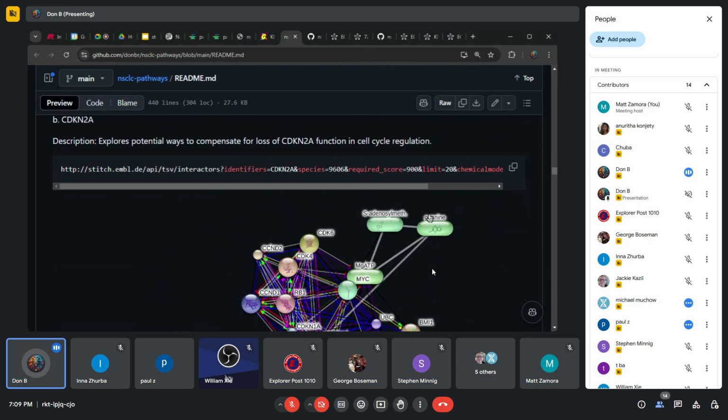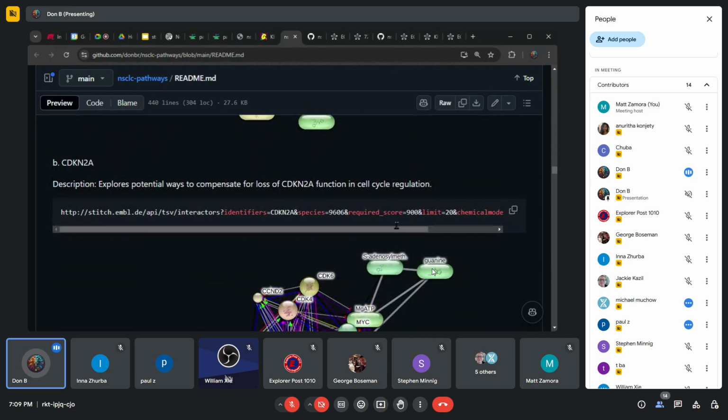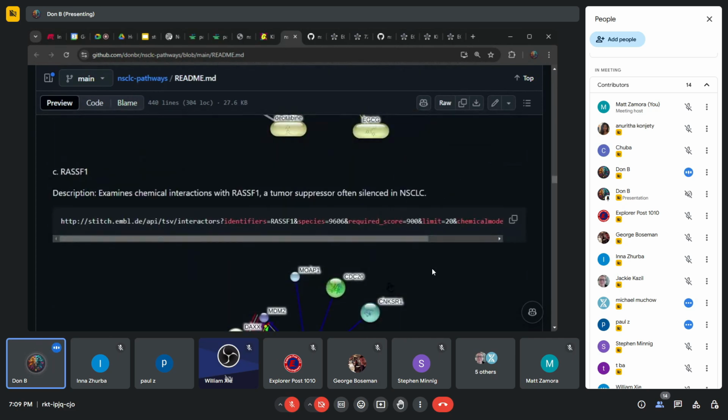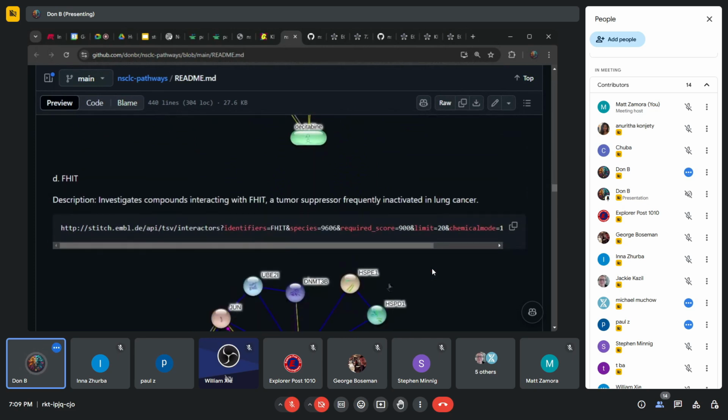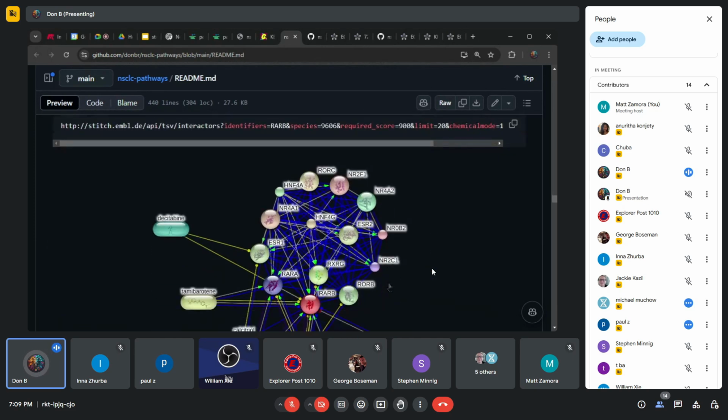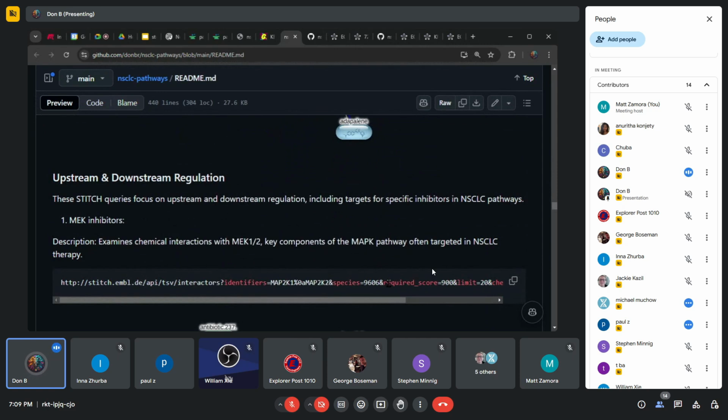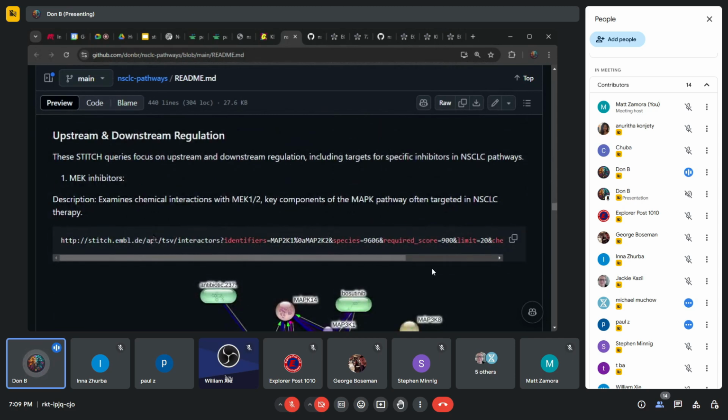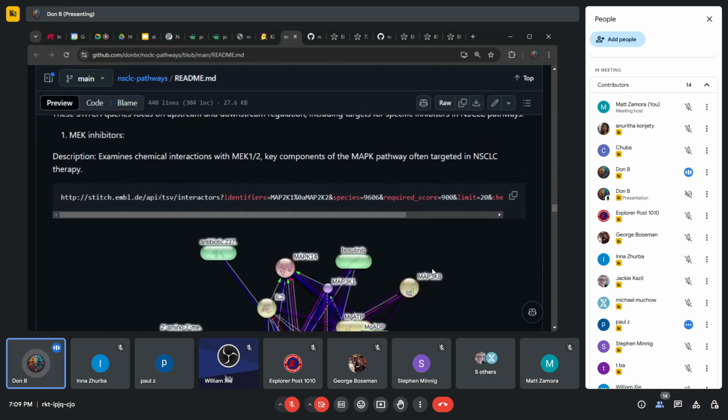And so, this is CDKN2A. This is the one related to cell cycle regulation, and FHIT and RB. So upstream and downstream regulation, this is where I was trying to focus more on what things disrupt pathways, focusing to a great extent on inhibitor concepts, so MEK inhibitors.